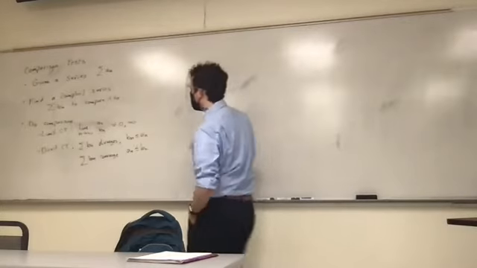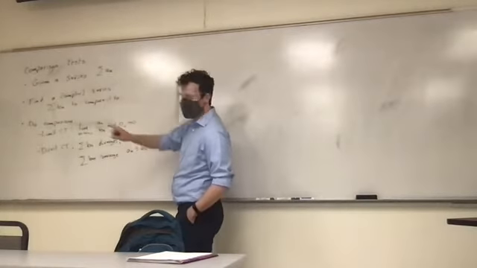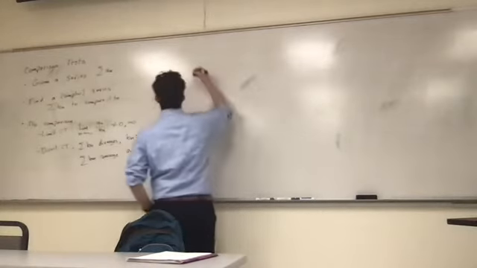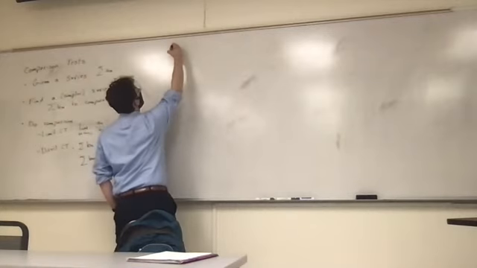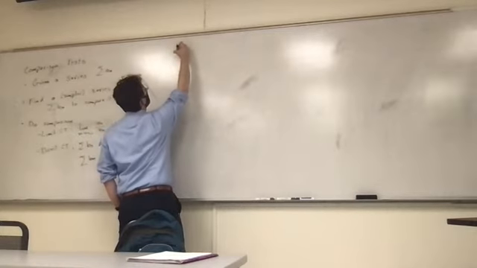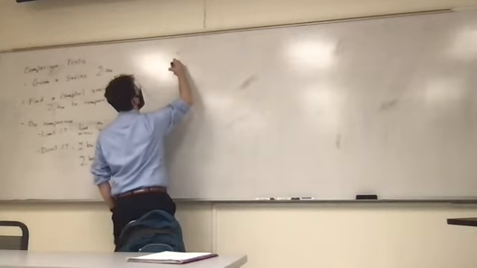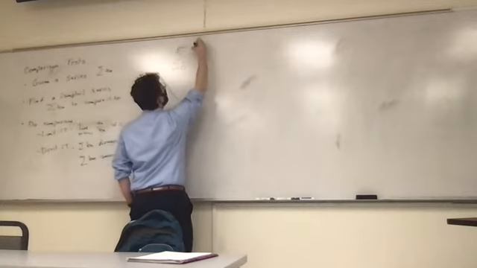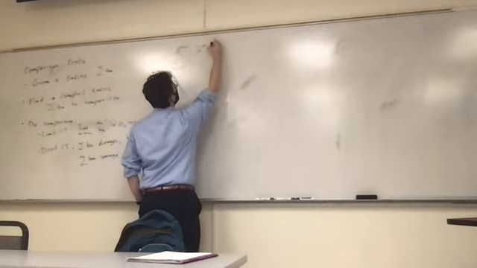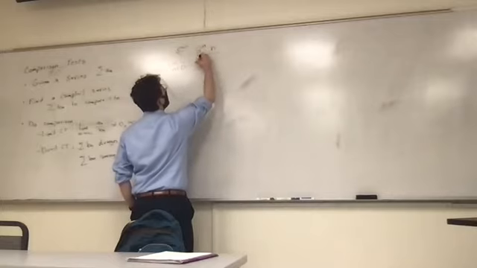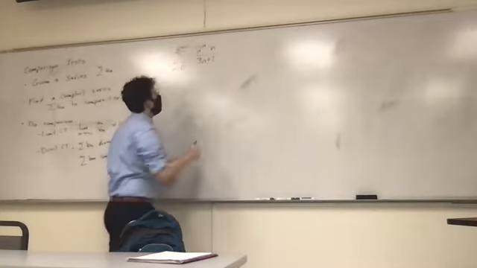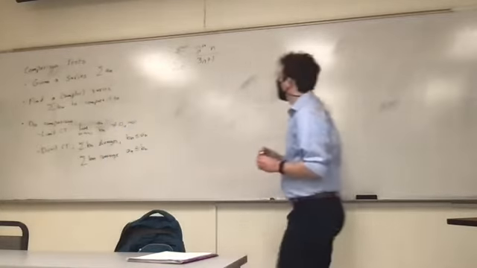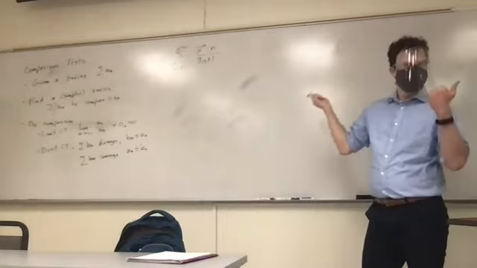Here's an example where we'll end up using the limit comparison test. So let's look at the series from 0 to infinity, 2 to the n times n over 3n plus 1. And we want to figure out what this series does.